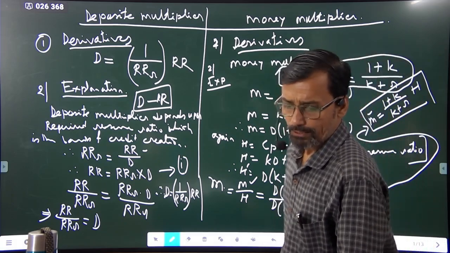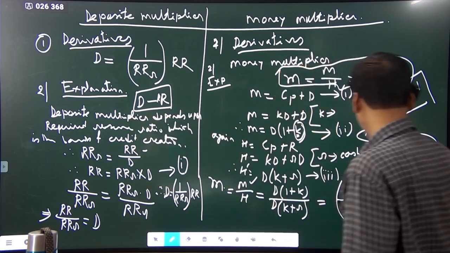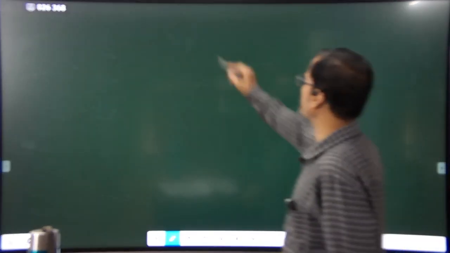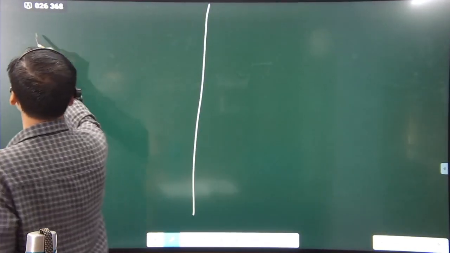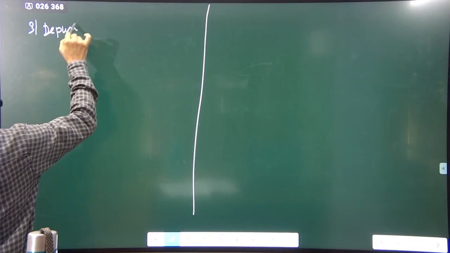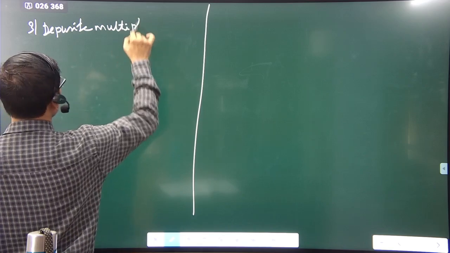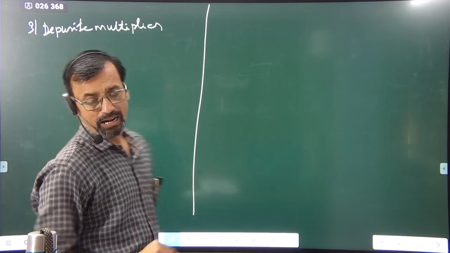Now, you see the deposit multiplier, come to this point again. Deposit multiplier, third point. What do we understand simply?